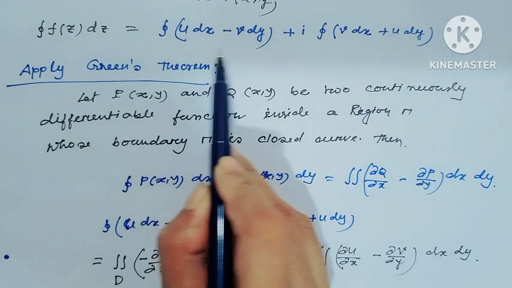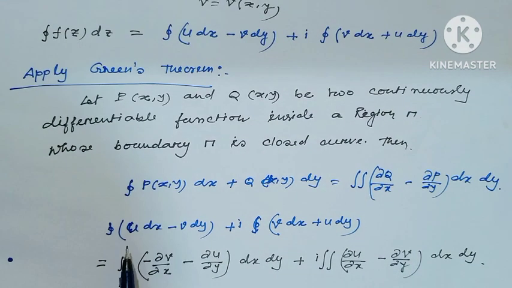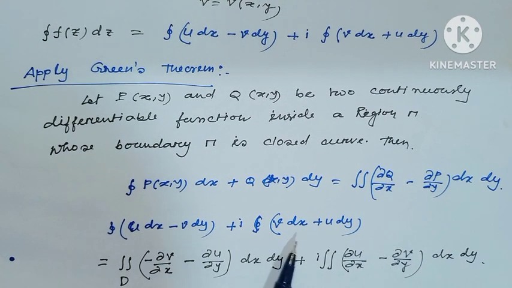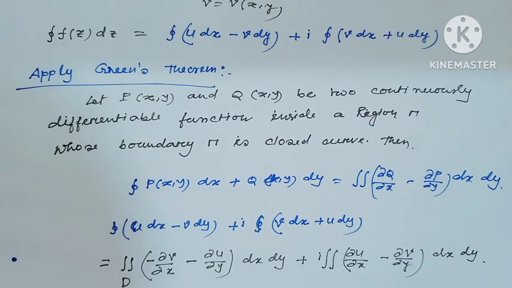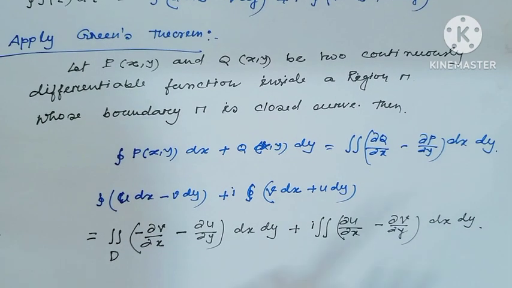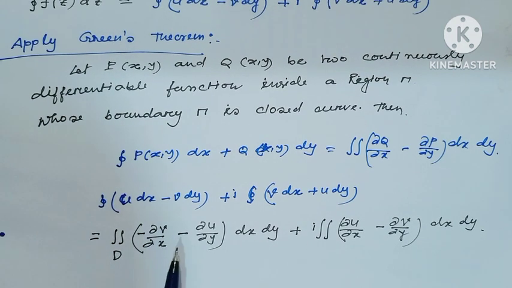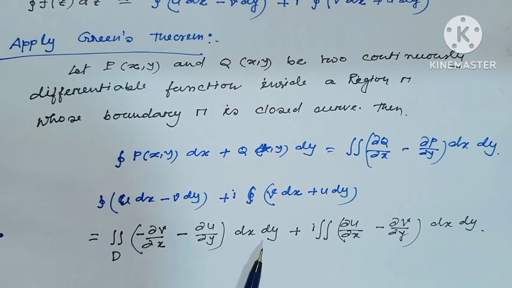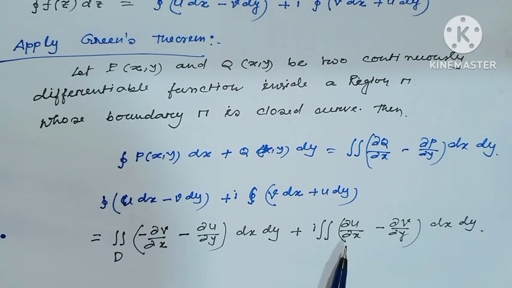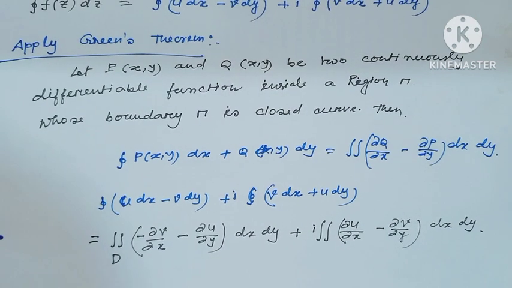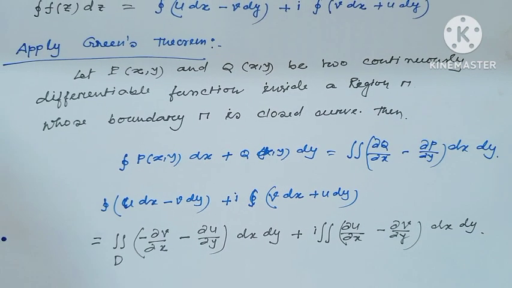Therefore, apply Green's theorem here. The integral of u dx minus v dy plus i times the integral of v dx plus u dy is equal to the double integral of (−∂v/∂x − ∂u/∂y) dx dy plus i times the double integral of (∂u/∂x − ∂v/∂y) dx dy.